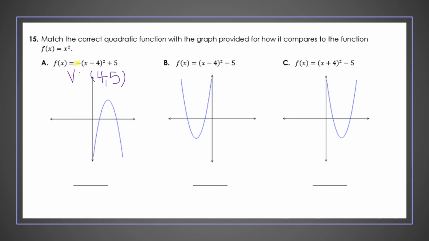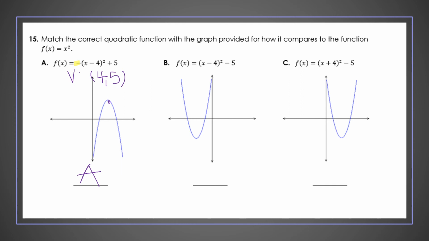So the only graph that opens down is the first one. But if you look at the vertex of it, it does appear that it has shifted to the left 4 and up 5. So graph 1 should be A. For graph B, A is positive, so we know it opens up.